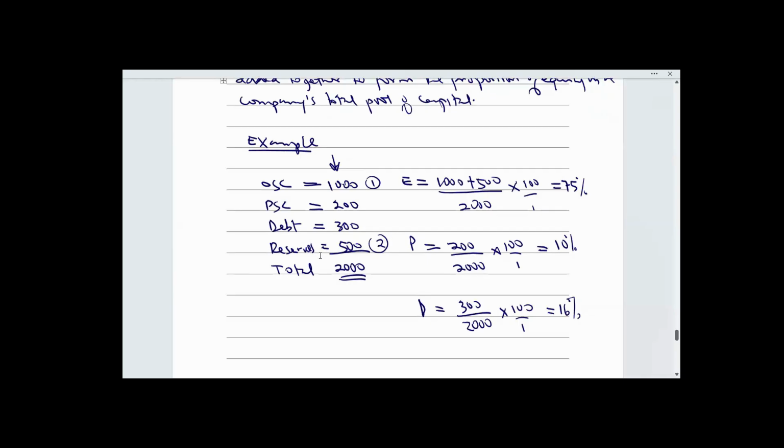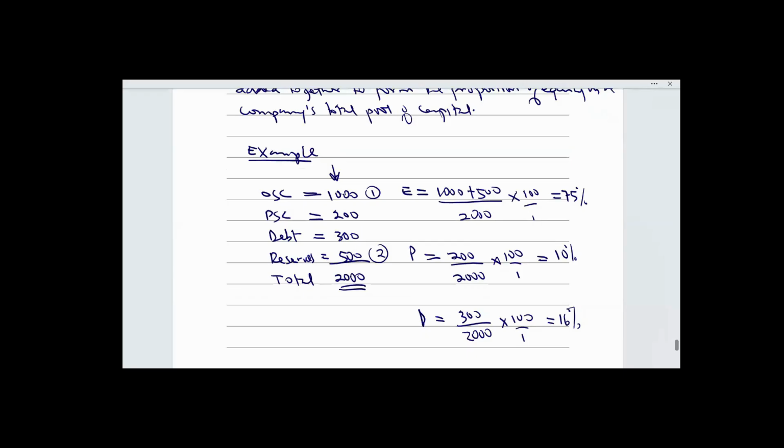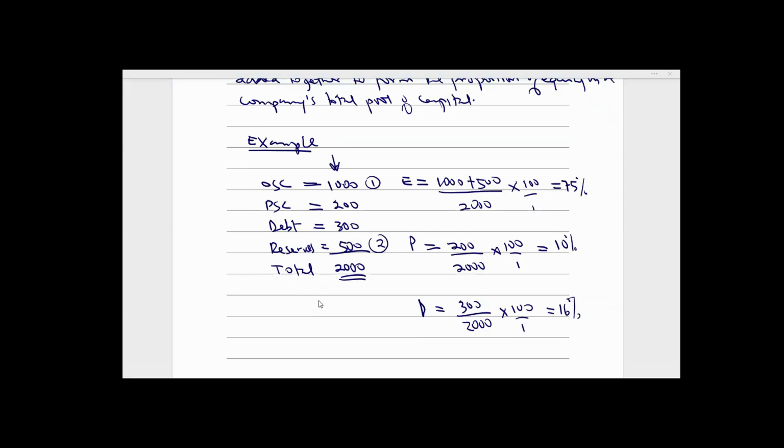So the bottom line is that when you are calculating weighted average cost of capital using the book value, ordinary share capital and reserves must be added together to form the proportion of equity and debt. So that's basically that. The last thing we are going to discuss here is the formula for calculating WACC.